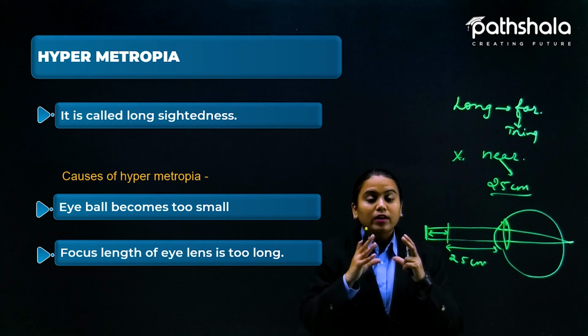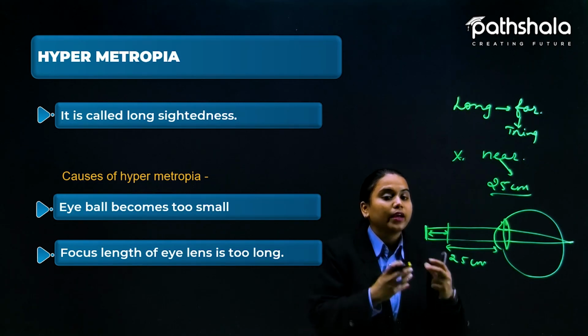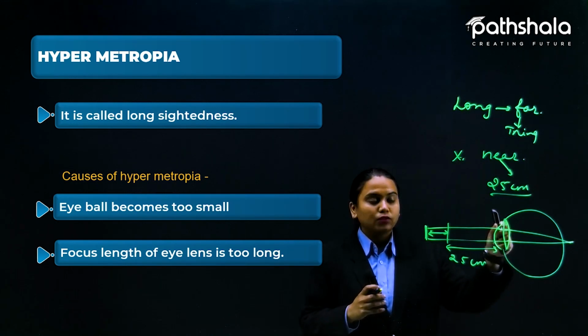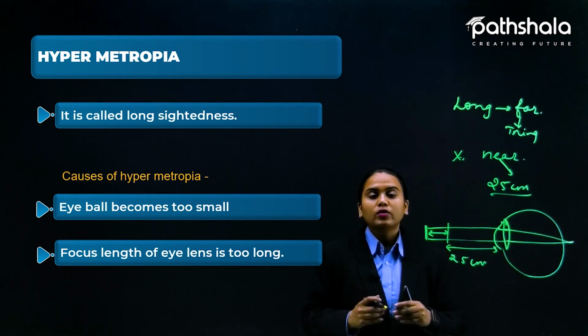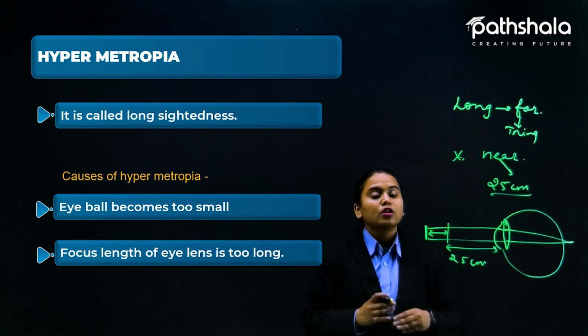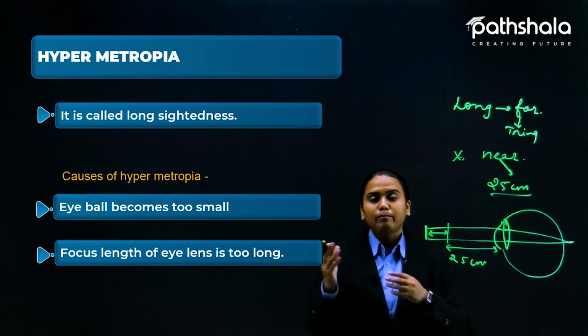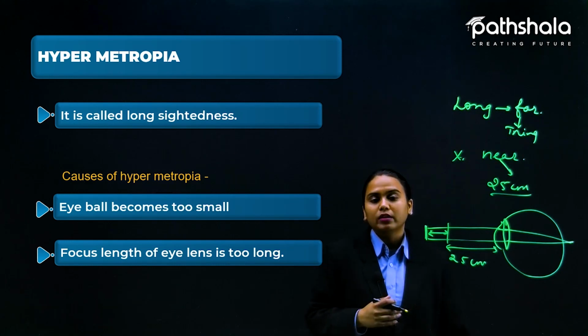Now it is not going to make itself thick. That is why the focal length of this particular eye lens is too long. You know that when the eye lens becomes thin, the focal length automatically becomes long, and when the eye lens becomes thick, the focal length becomes shorter. So this is the reason for that.